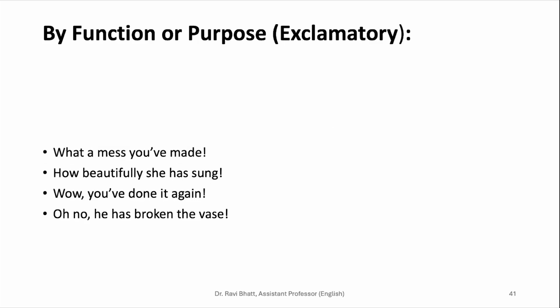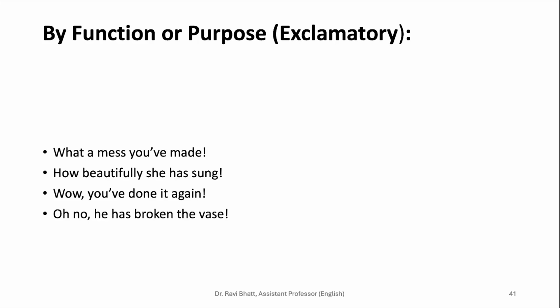Then exclamatory sentences, for example, what a mess you've made. All right, how beautifully she has sung, or wow, you've done it again, or say, oh no, he has broken the vase. Now, you see the first sentence, what a mess you have made. So, here, though I've written what a mess you've made, it's not an interrogative sentence.